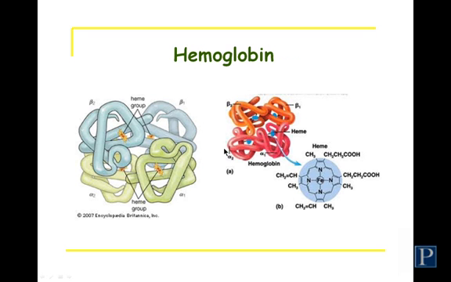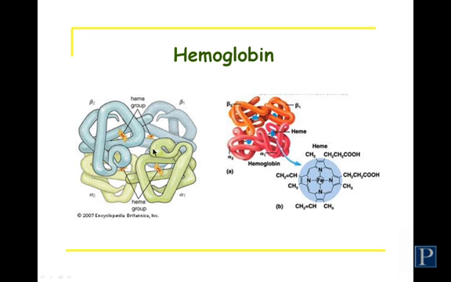The hemoglobin molecule in adults has 4 subunits, 2 alphas and 2 betas. Each globin chain has a heme ring in the center, and in that heme ring you have iron, and oxygen actually binds to the iron within the heme ring.